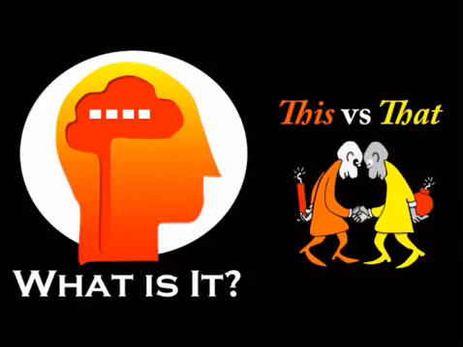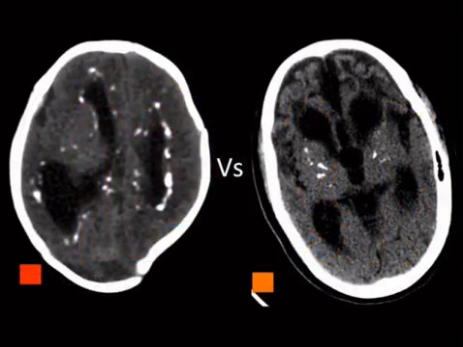All right, so our first case is a comparative case. This is versus that. You may recognize this one from my case book, but it's high yield enough that I'm going to mention it again. We've got two pediatric looking head CTs. Both of them are non-con. And the point of the case is to compare and contrast the calcification patterns.